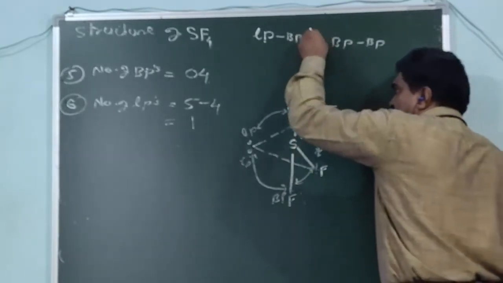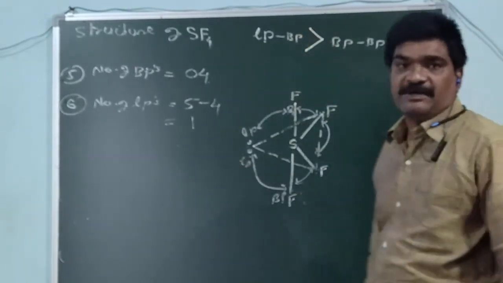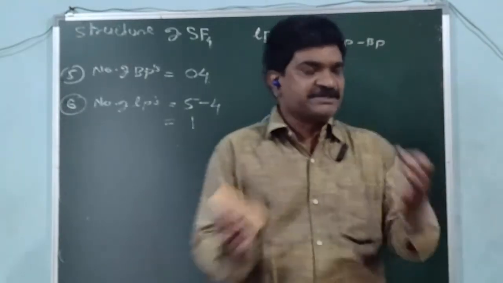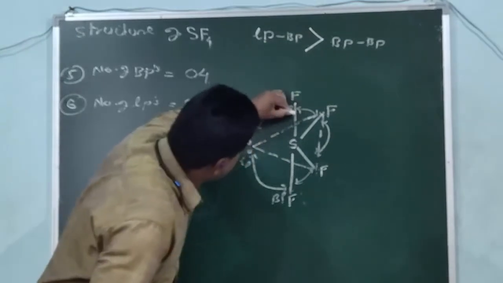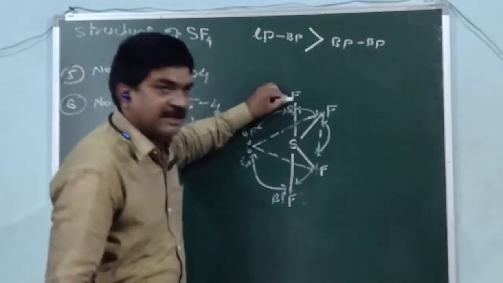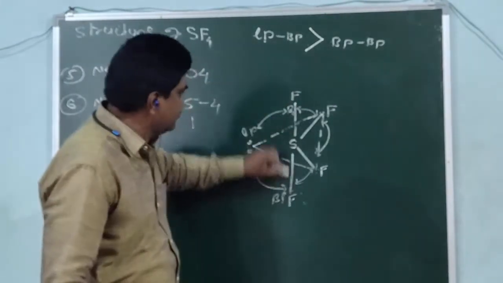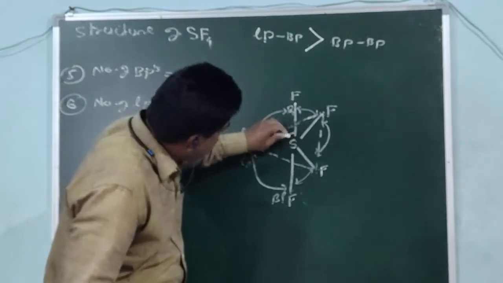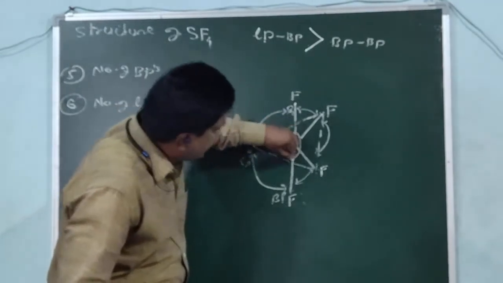So here the lone pair bond pair repulsion is greater than the bond pair bond pair repulsion. So the net result is that this angle, that is the axial F-S-F angle, you see this axis no longer remains at 180 degrees.